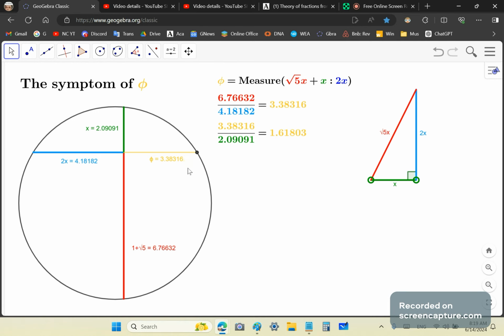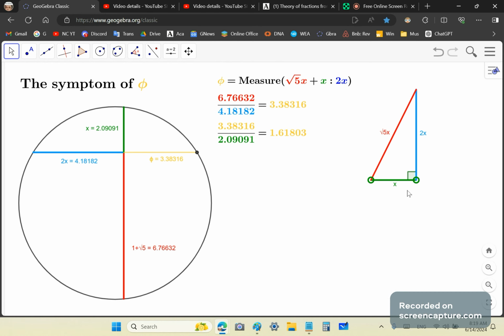In this video I'm going to talk about the symptom of phi, which is also known as the golden ratio. How do we arrive at the symptom of phi? Well, we arrive at it when we have a special kind of right angle triangle.